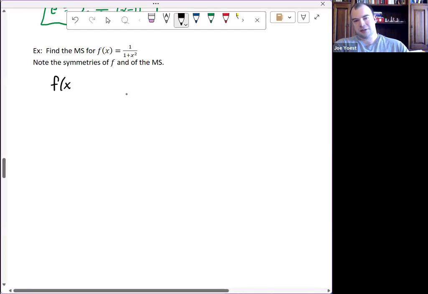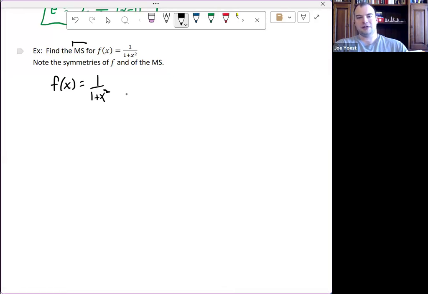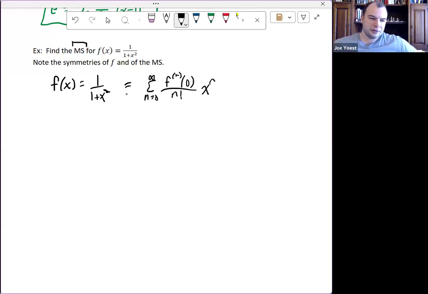So I have f of x is 1 over 1 plus x squared, and I'm looking to find the Maclaurin series. So I'm looking to represent this as the sum from n equals 0 to infinity of the nth derivative at 0 over n factorial times x to the n.